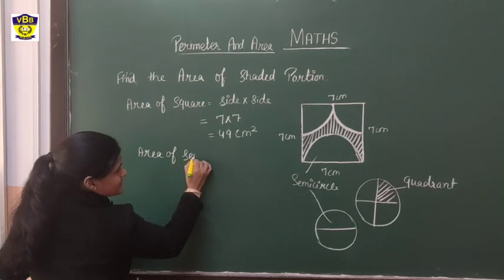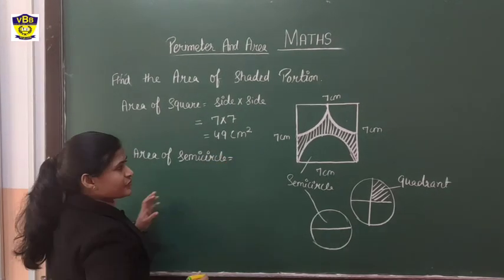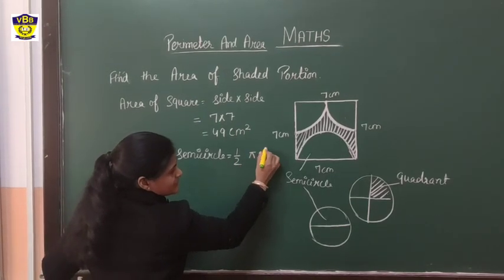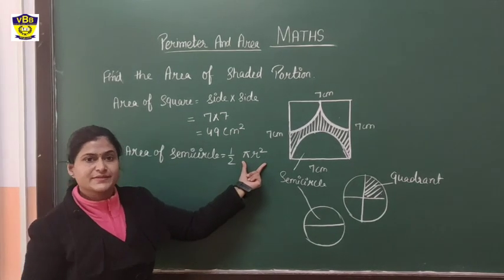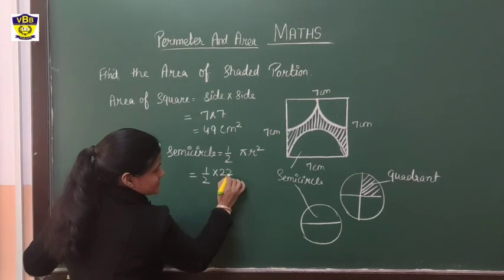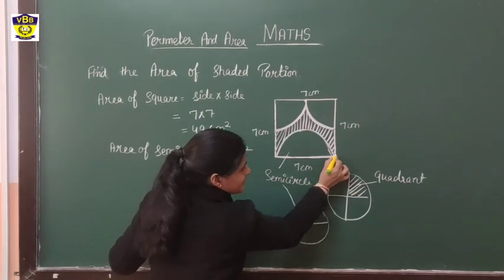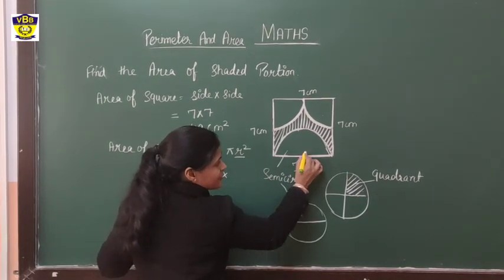Area of a semicircle. Semi, what does it mean? That is half of the area of a circle, which is pi r square. Half into, what is the value of pi? That is 22/7. And the complete diameter is 7, so what is the value of radius?